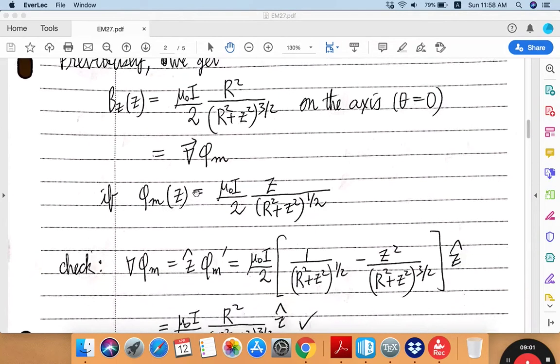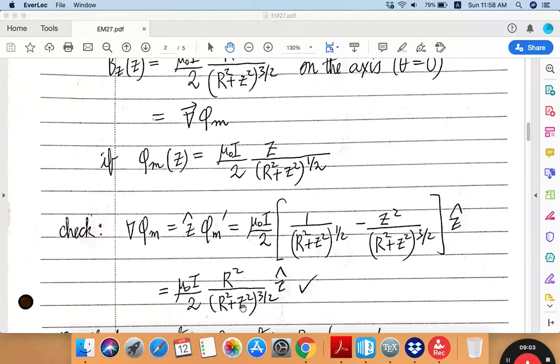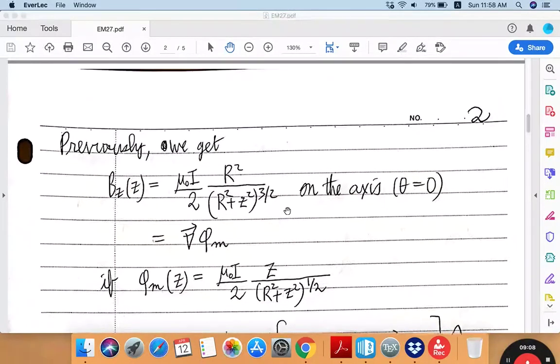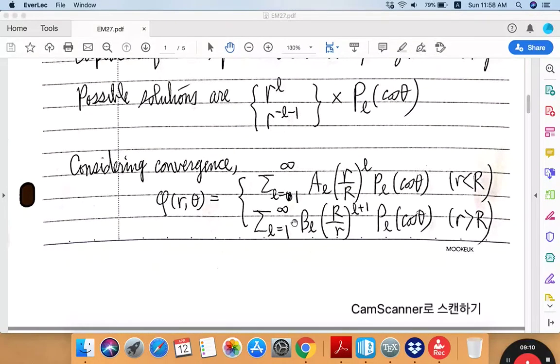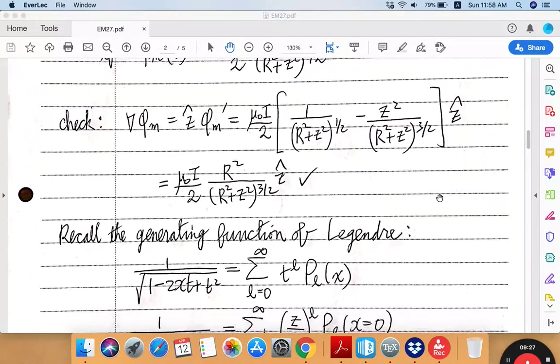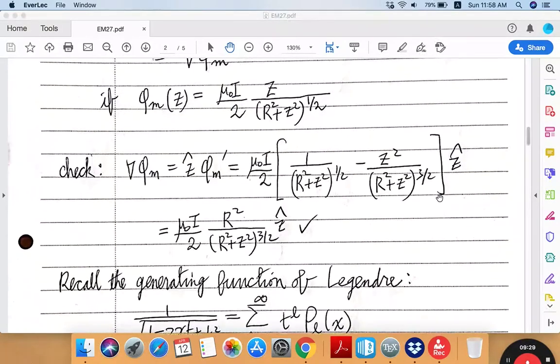And what we have here is the expression just along the z-axis, corresponding to the polar angle equal to 0. So if I take the angle theta to be 0 in this general expression, then this expansion must reduce to the expression I have just worked out over here, this expression right here.